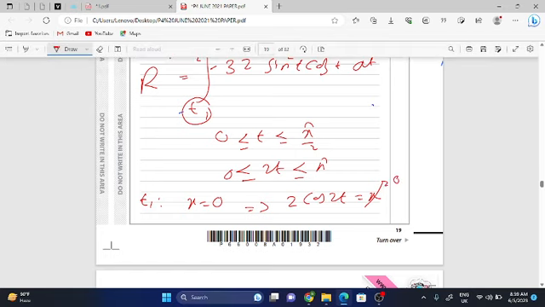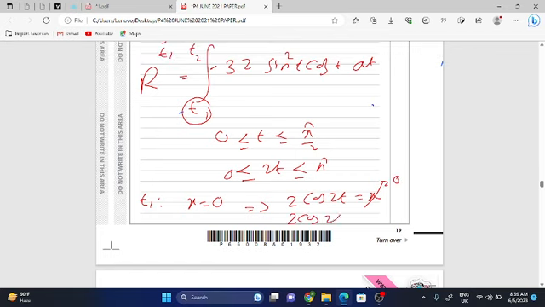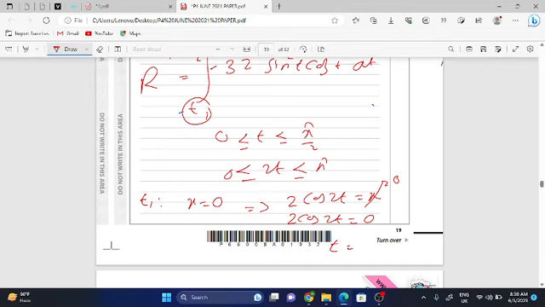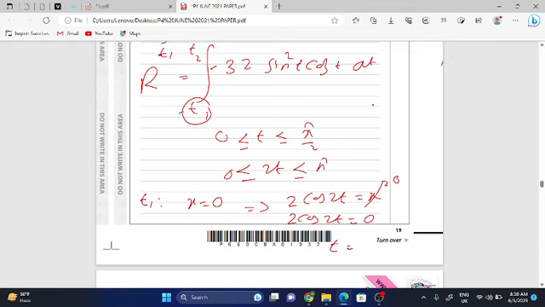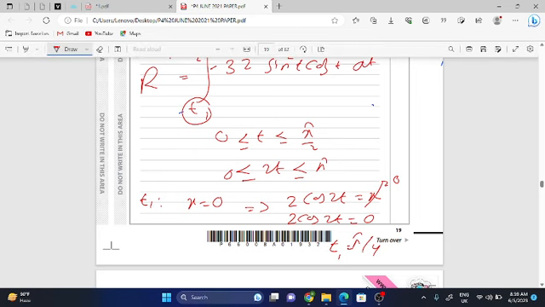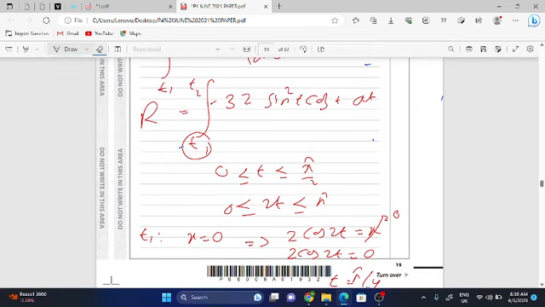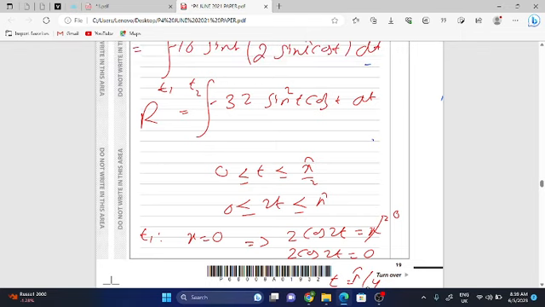So x will die out, and 2 cos of 2t equals 0, and cos 2t equals 0. Further, you can find that t is the inverse cos of 0, which gives you pi by 4. So it means that your t1 is pi by 4 in this case.